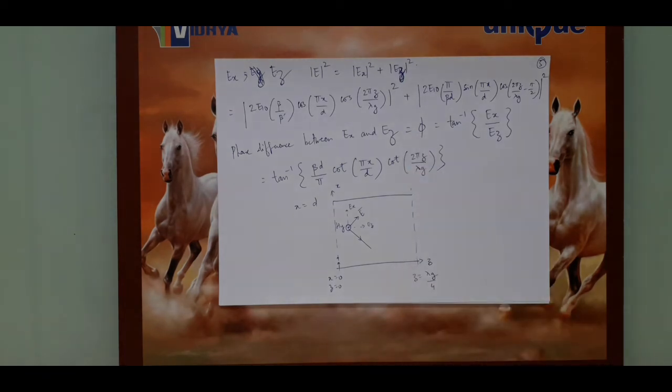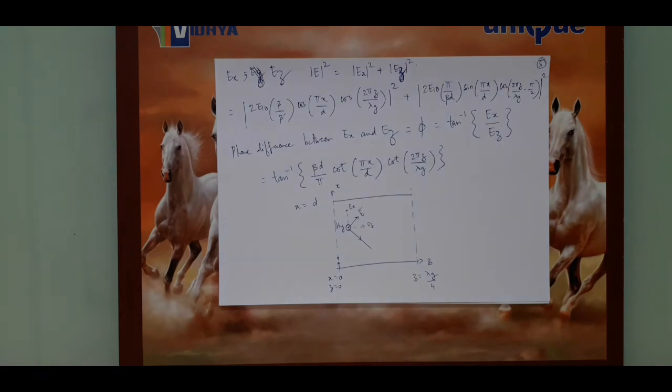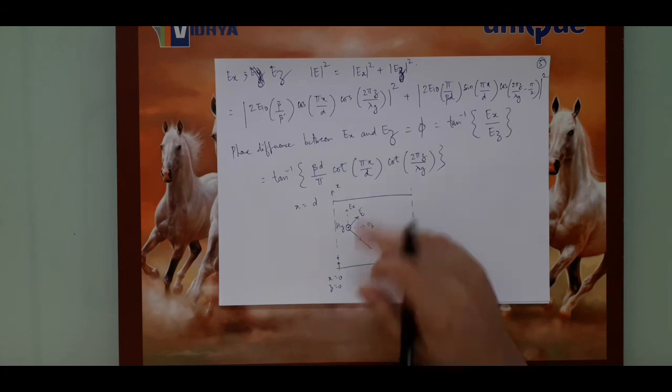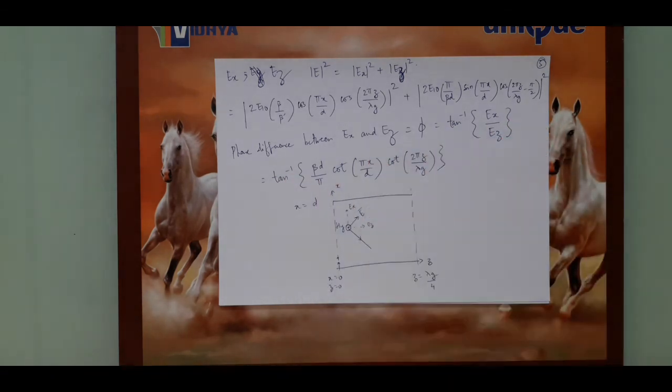What about the phase? When x is 0 and z is 0, we have a cot of 0. What is cot of 0? Cot of 0 is infinite. So tan inverse of infinite is pi by 2.